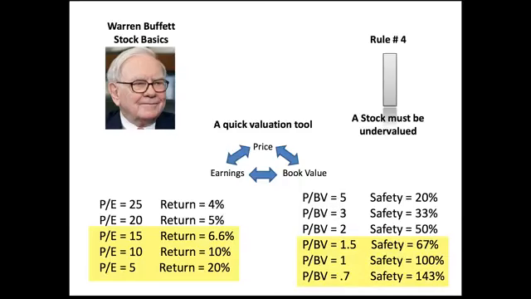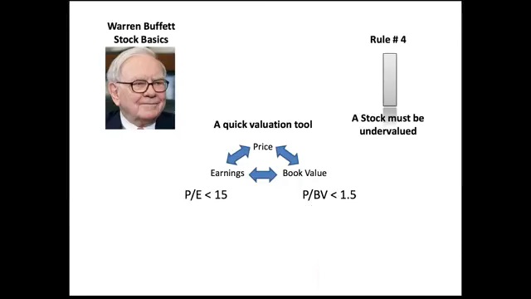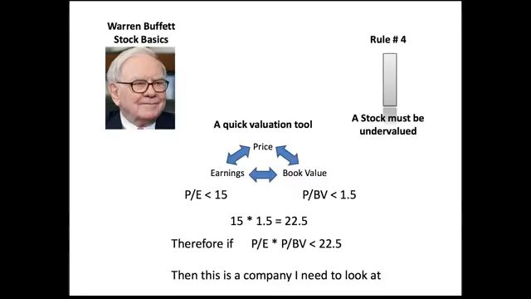Because you can see that's where all your safety was. So him and Benjamin Graham came up with a great idea of, well, if we're always trying to find a company that has a PE below 15, and we're also trying to find a company that has the price to book below 1.5, why don't we just take those two numbers and multiply them together? If we multiply the 15 times the 1.5, that equals 22.5.